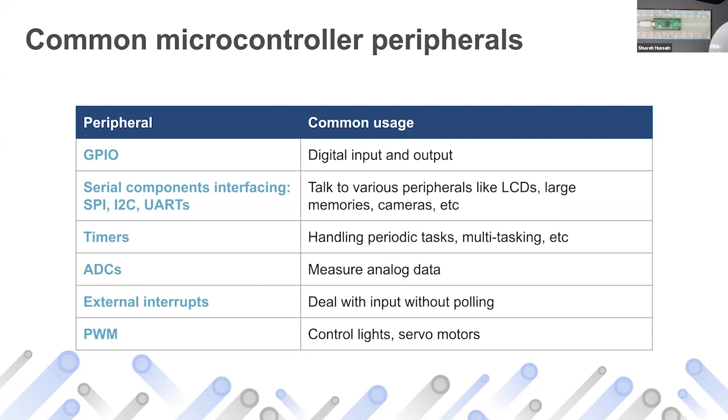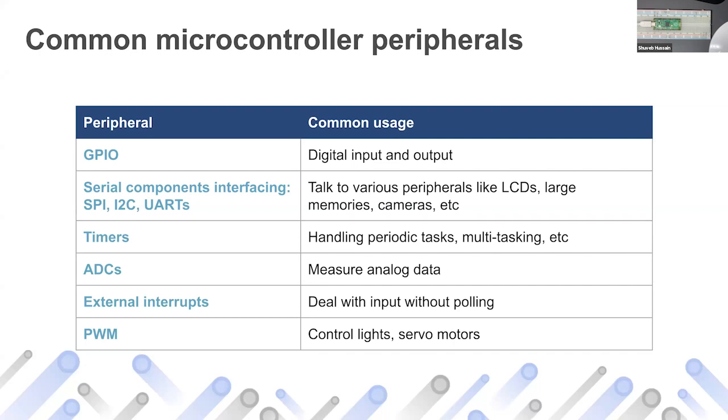Then there are various timers on the chip itself. For example, you can do periodic tasks. We will be using timers in some of the examples that we'll talk about. And then there are analog to digital converters, ADCs, for you to measure analog data. Much of what humans deal with is analog data.